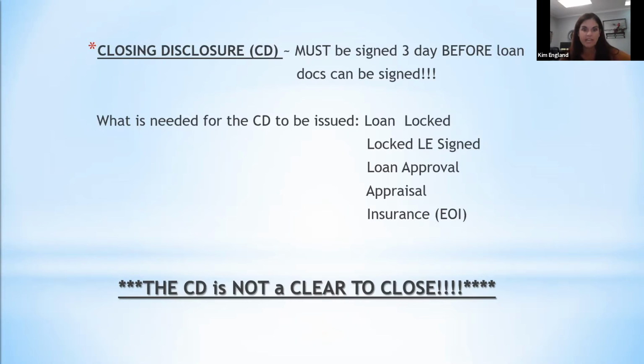And there's no, but my borrower's got to move in, and that's going to push the close of escrow an extra day or two. It's 3 days, and the day they sign counts. So if the closing disclosure is signed on a Monday, we count Monday, Tuesday, Wednesday, Thursday, and they can sign loan docs. So if there are any questions about timeframes on specific files, always ask.